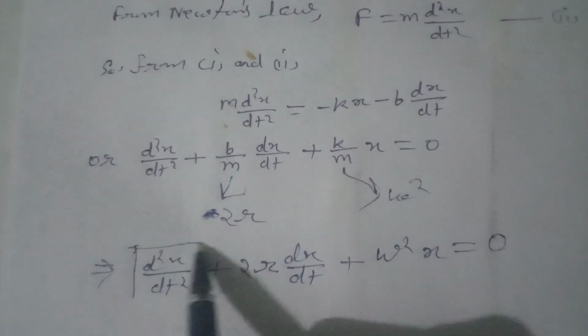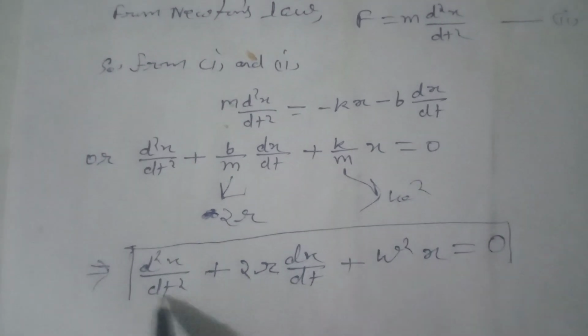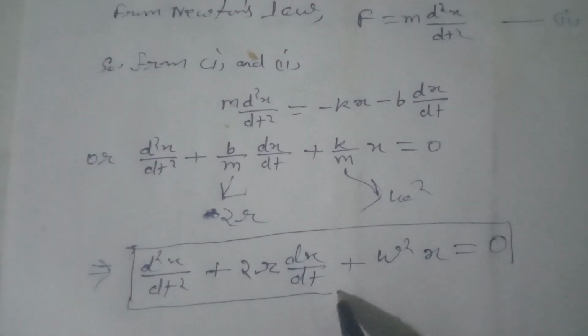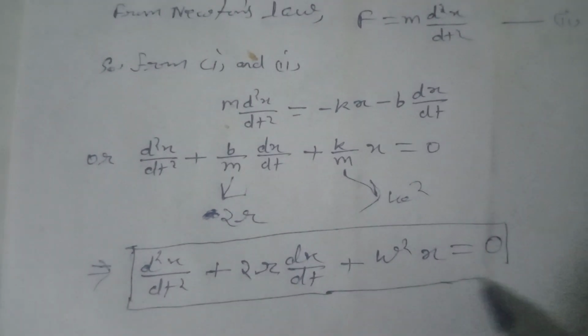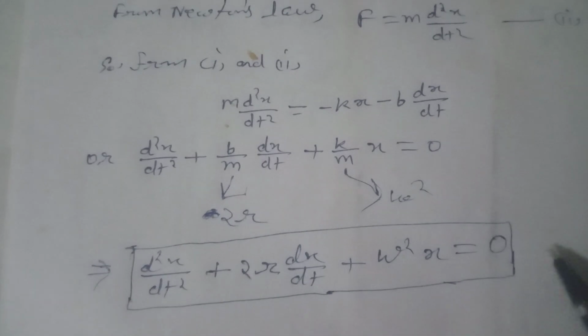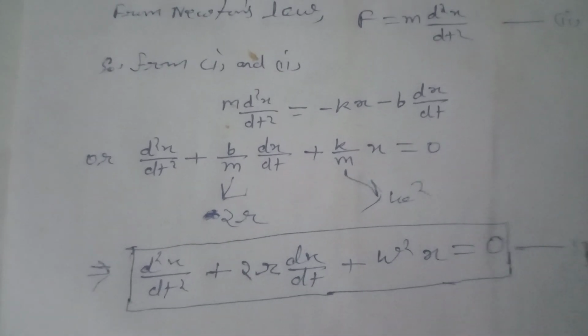This is the equation of a damped harmonic oscillating particle. This is equation 3.